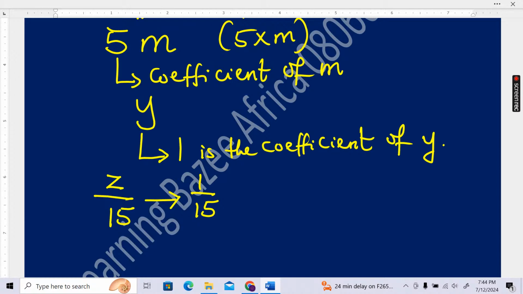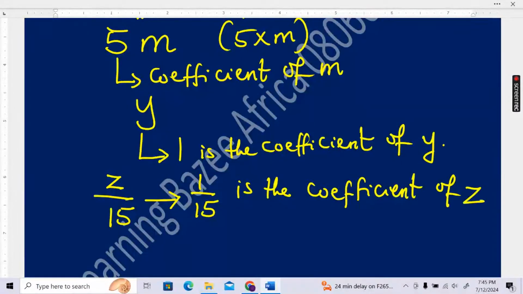So you look at it that 1 is the coefficient of z. 1 is beside z. So that will be 1 over 15. So 1 over 15 is the coefficient of z. I hope you understand this.